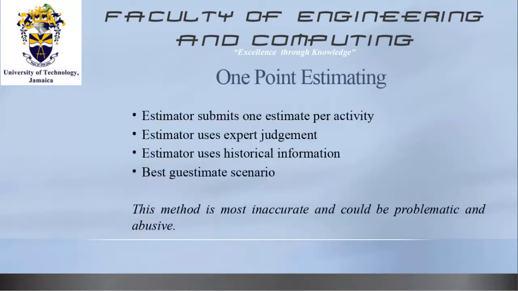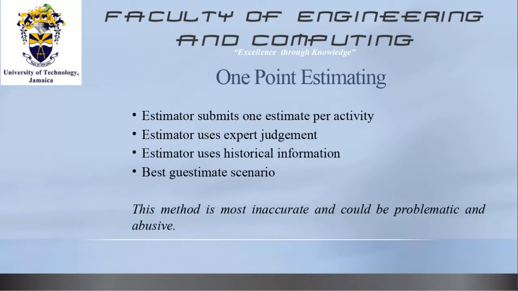So let us quickly look at 1-point estimating, right? This is not an accurate way of doing estimation, and can lead to a lot of problems. In fact, because you're using this method, it could be quite abusive. So the estimator submits one estimate per activity.